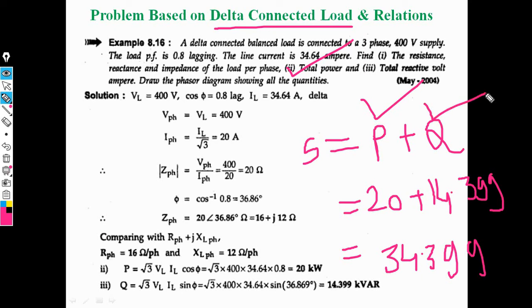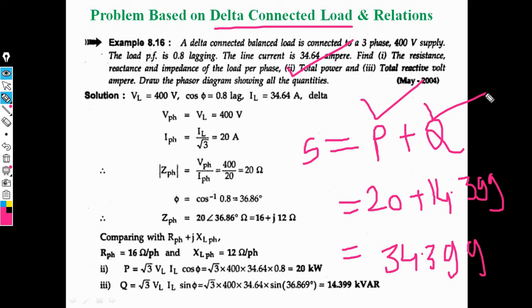Now this is the problem based on delta connected load. In delta connected load there are two conditions: VL is equal to VPH and IL is equal to root 3 IPH. Then we calculate VL, then ZPH, then phi, that is cos phi. But here the resistance and inductance values are not given, so we need the polar form, ZPH angle phi.